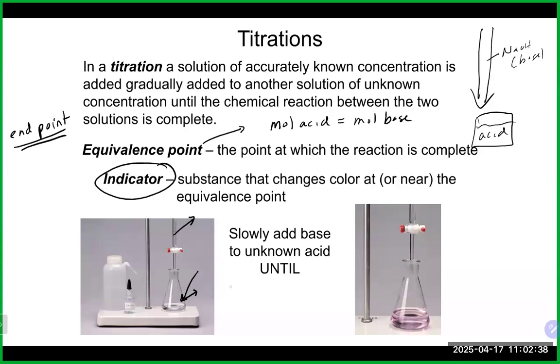And everybody's favorite is phenolphthalein. Phenolphthalein is what color in acidic solution? It is colorless, yes. And in neutral solution, it is still colorless, by the way. In basic solution, it is pink. So that's the pink color you maybe saw in your titrations.